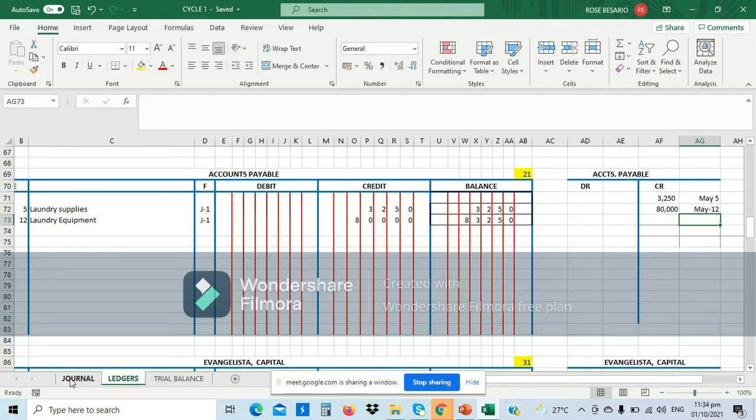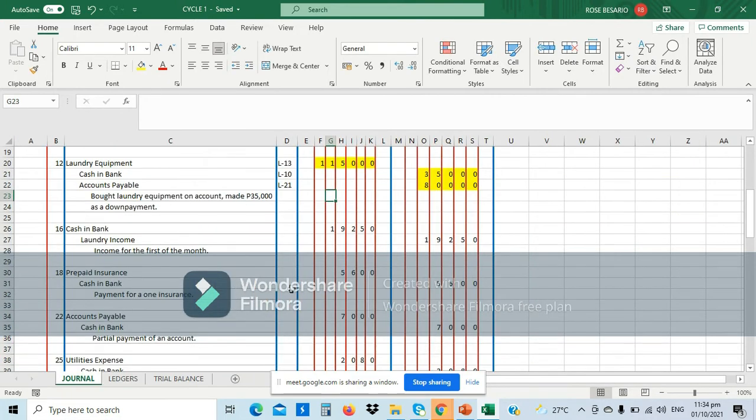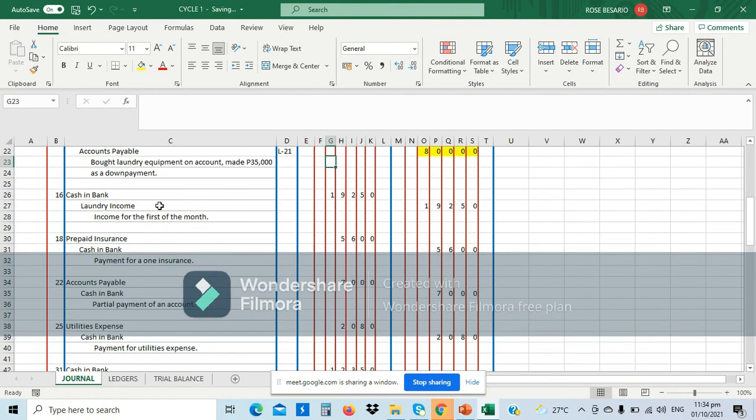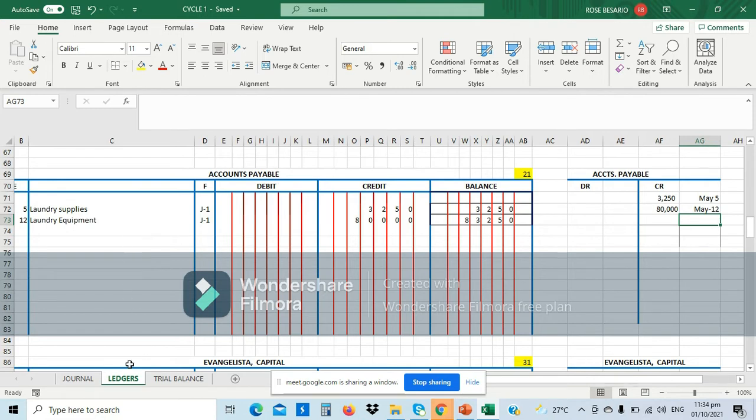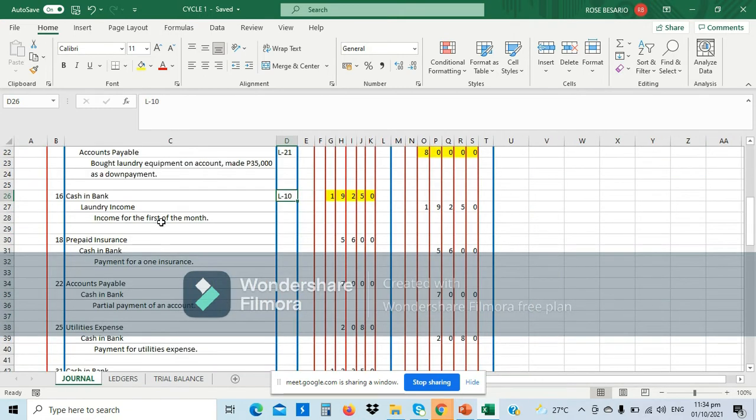Okay, and then go back to your journal. So we're done with May 12. We now proceed to May 16. So we have a debit to cash in bank. So this is to be transferred to L number 10. Okay, so go back to your cash in bank. This is what? A laundry income, debit.